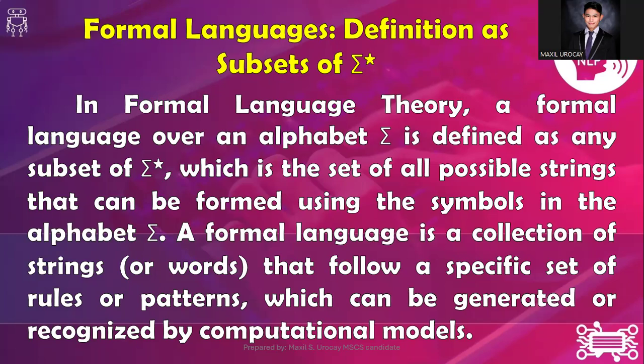This is essential for tasks like parsing, which we mentioned already, as formal languages provide a structured, formalized way to represent natural language also. So the goal here is to understand the structures of sentences in parsing.